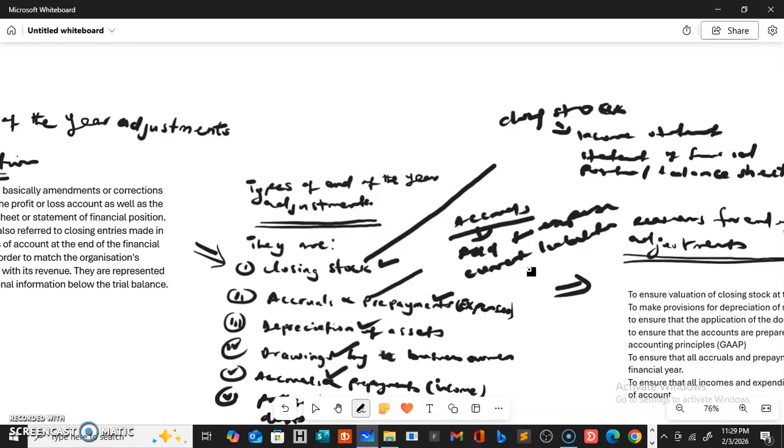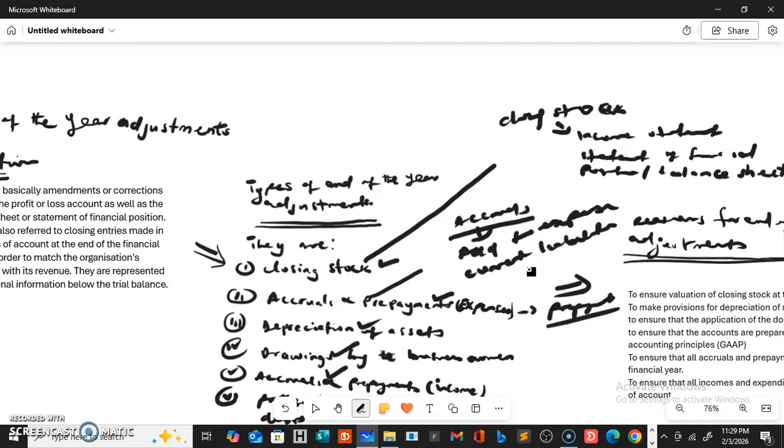For prepayments, a prepaid expense means that one has paid in advance for an expense, but the organization has not derived any benefit from the payments made.